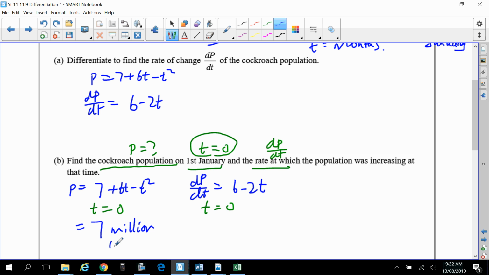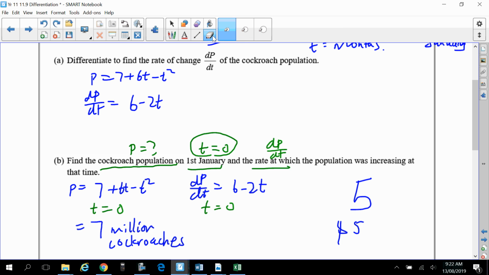People? No, cockroaches, right? So now you have to be very conscious of the units, because we are now interpreting things, and it's only useful if you know what it is. Just like if I write 5, what does it mean? 5 people, or $5? Again, you need to put the correct units.